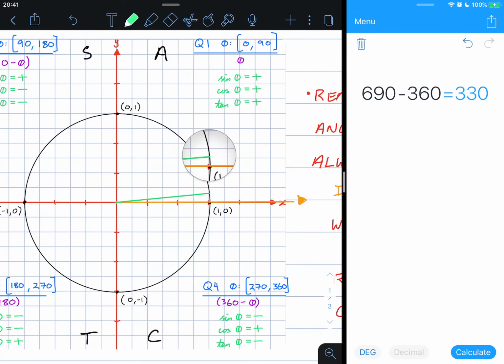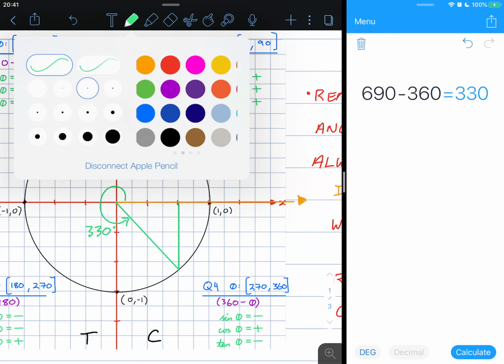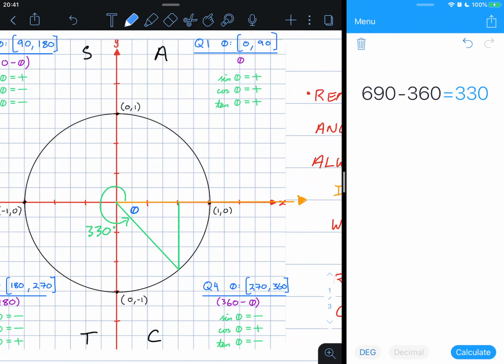Here's 0. Goes around until we get to 330. But once again, the angle that we are looking for is this angle in between.